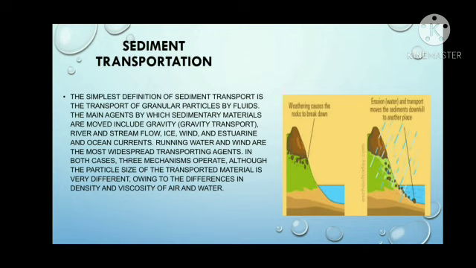Running water and wind are the most widespread transporting agents. In both cases, three mechanisms operate, although the particle size of the transported material is very different owing to the difference in density and viscosity of air and water.